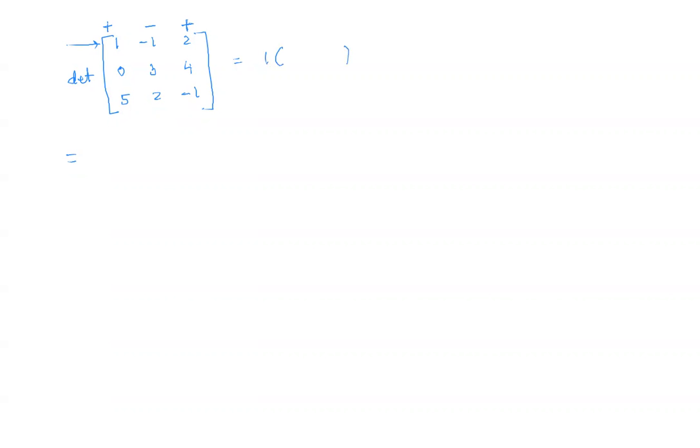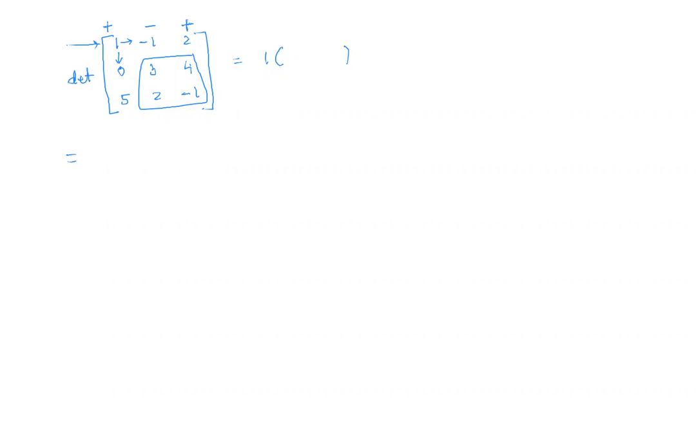So it's positive 1 times, take off the first column and the first row. Then you're left with just this. So you're taking the top left corner. Corresponding to that entry in the matrix, there is a row and a column. Get rid of it, just cross it out in your mind.